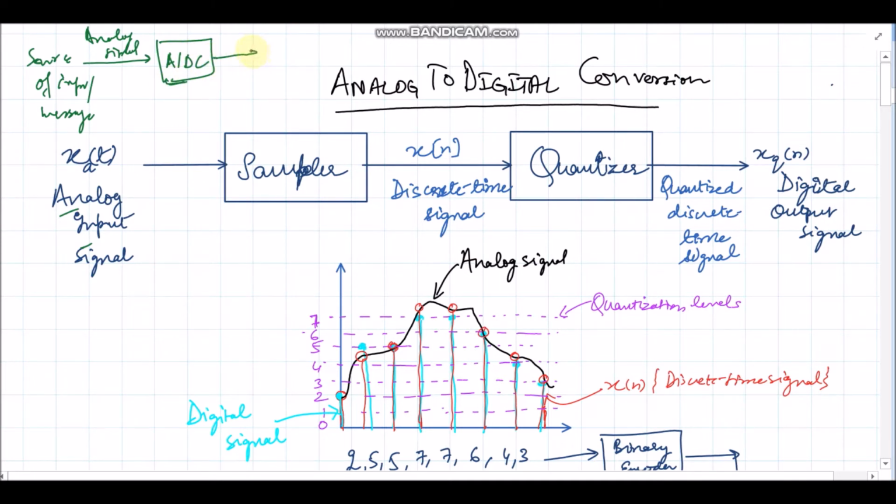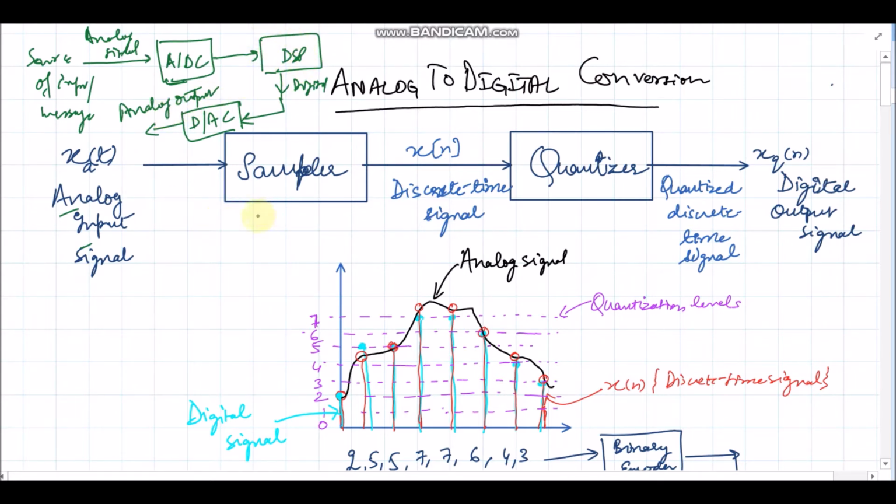And then this digital signal is processed by a digital signal processor, and then this DSP outputs a digital signal itself, and this digital signal is again converted back into an analog signal using a digital to analog converter, and that gives an analog output. This is the typical diagram of usage of a DSP in the real world.